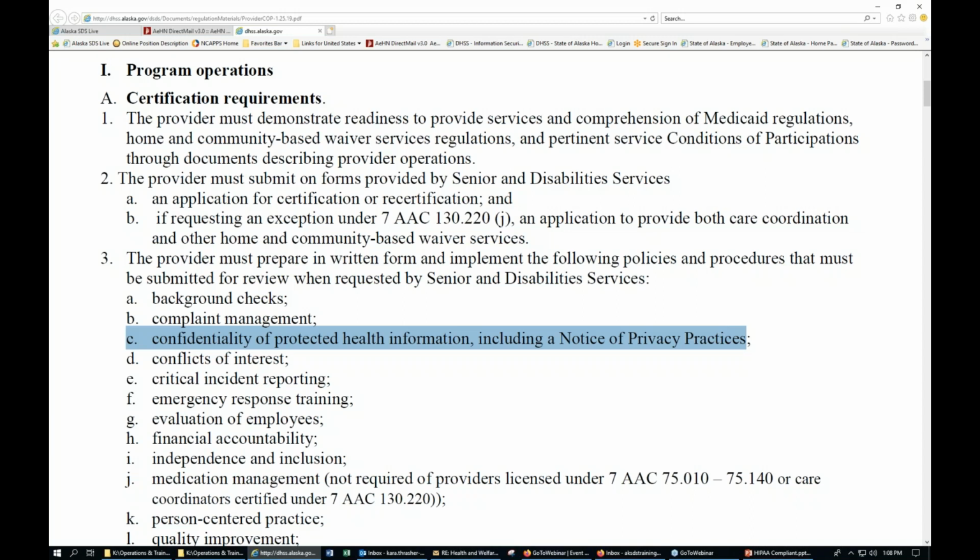So the notice of privacy practices is like, I know that you've been to the doctor's office and you always get a notice of privacy practices when you update your info, or if you're new to the place. It's a HIPAA requirement. It just tells you, the customer, how your private information will be protected. So we have that as agencies and providers of services too.